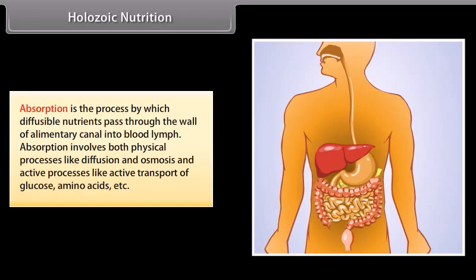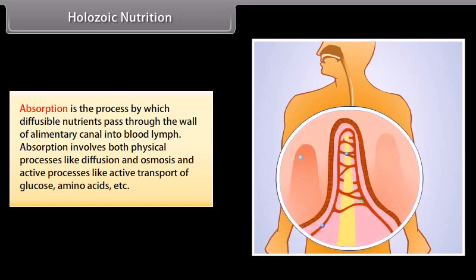Absorption is the process by which diffusible nutrients pass through the wall of alimentary canal into blood and lymph.